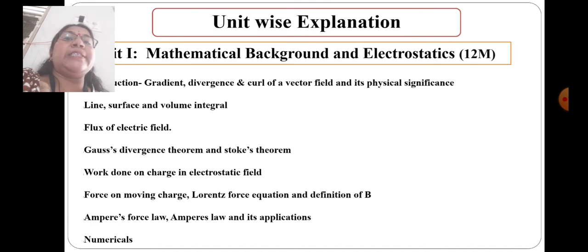I have already discussed with you that it requires tentatively 15 or 16 lectures, but as per the university lecture scheme, 12 lectures are given to this unit.